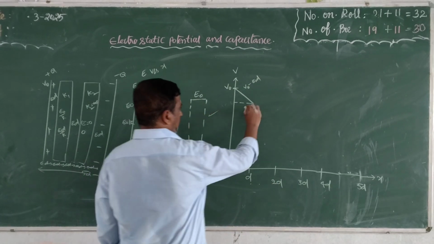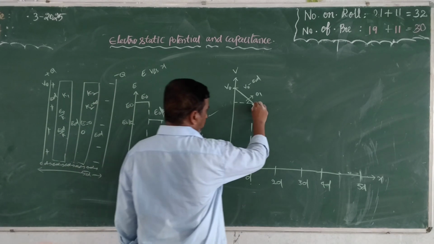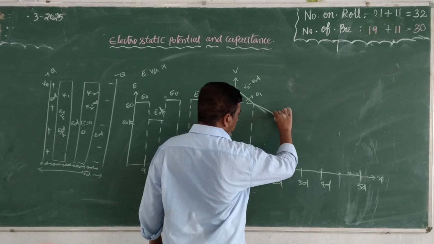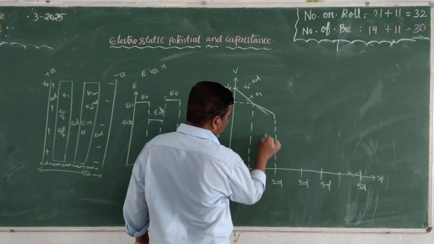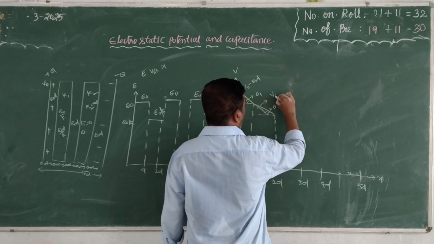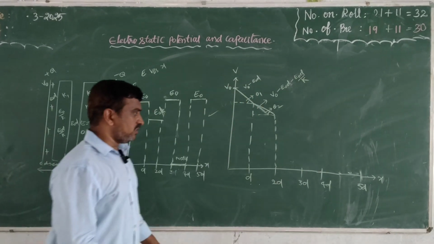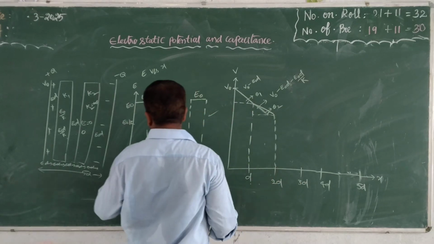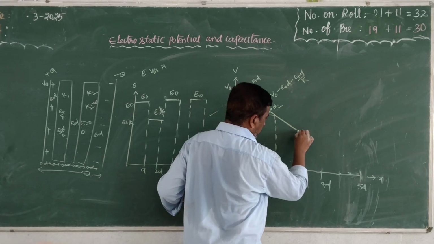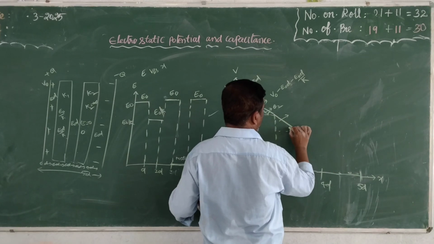See, this is the angle theta 1. Next, again there is a dielectric, and for a dielectric the potential change is less, so this is theta 2. The potential now is V naught minus E naught d minus E naught d by k. Next, the air medium again decreases it more, and this is theta 3.